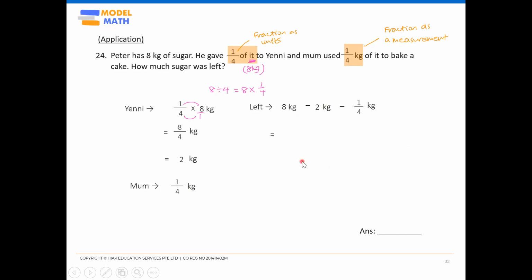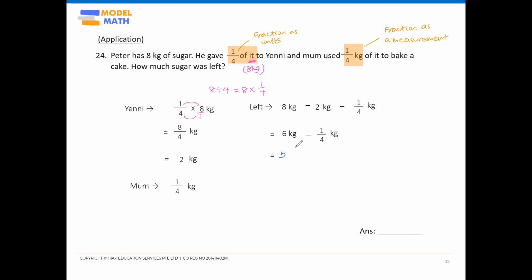So 8 minus 2 first, that'll be 6 kg, then bring down the minus 1 out of 4 kg. Now, whole number minus fraction, be careful how to take whole number minus fraction. You have to change your 6 to a mixed number first. You are simply going to take out 1 whole from 6 first, which will become 5 wholes.